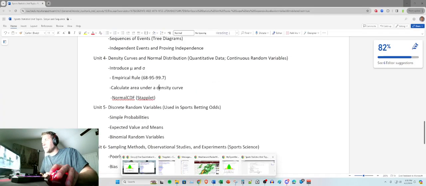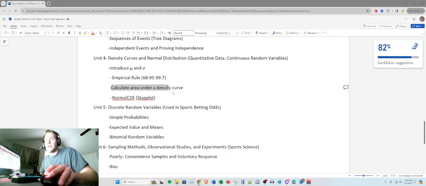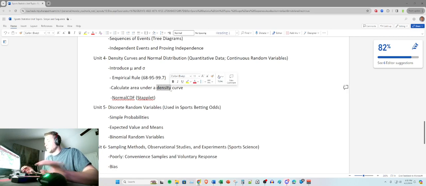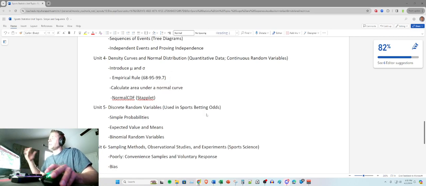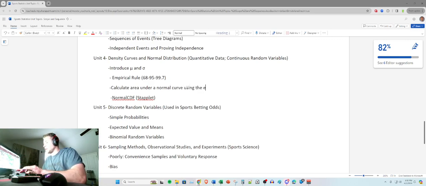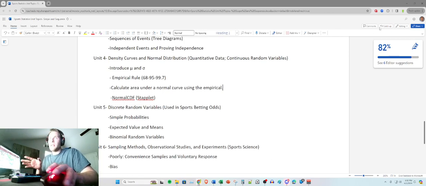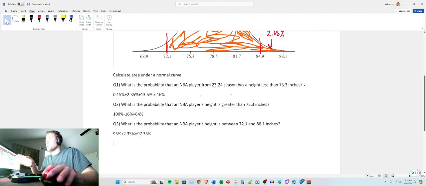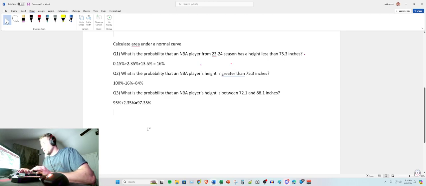Now we're going to take this to the next level. We've had a lot of success so far with this standard: calculate the area under a density curve. Really, this should be the normal curve. So calculate the area under a normal curve, and we'll just say using the empirical rule. But the empirical rule kind of runs out after a little bit. We're going to explore that here in question 4.